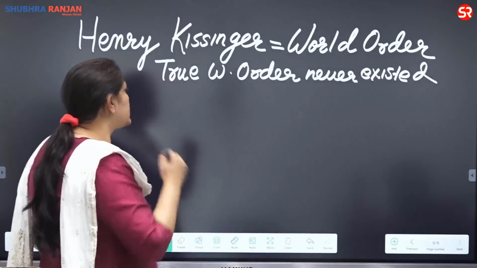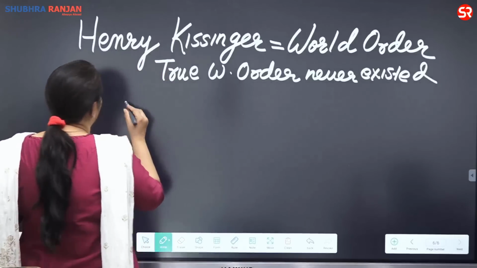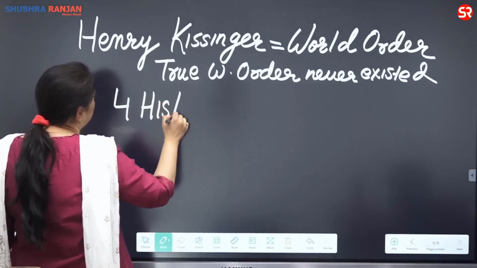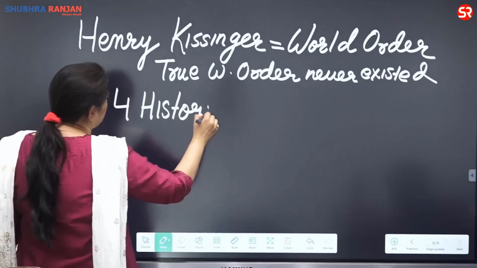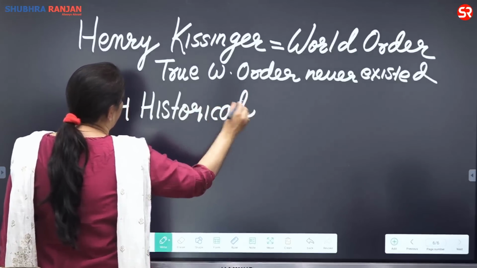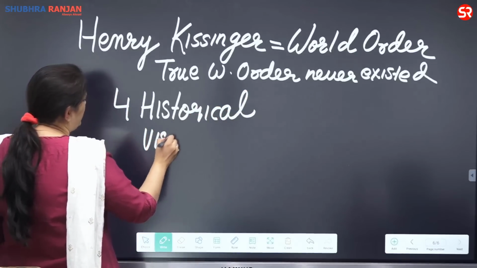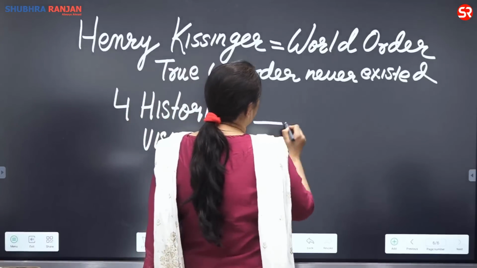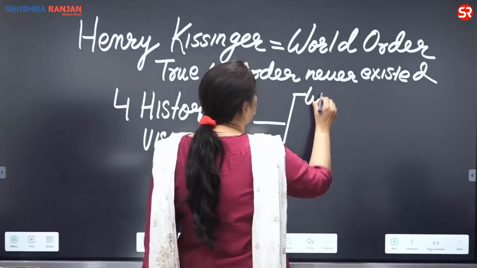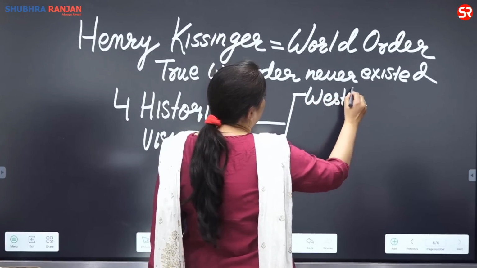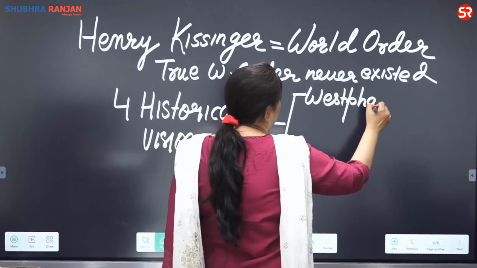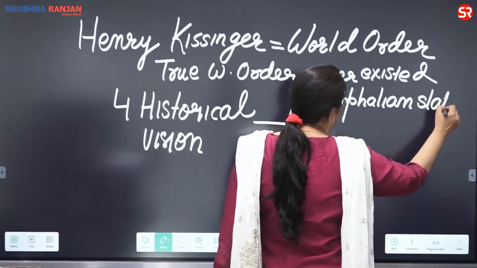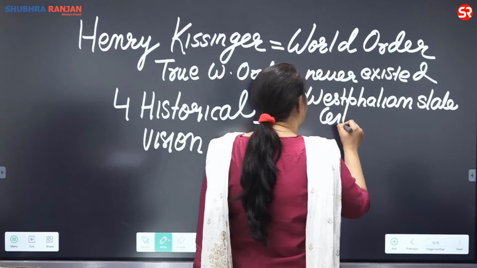And he says that up till now there are 4 historical visions of the world order. One is the Westphalian, state-centric world order.